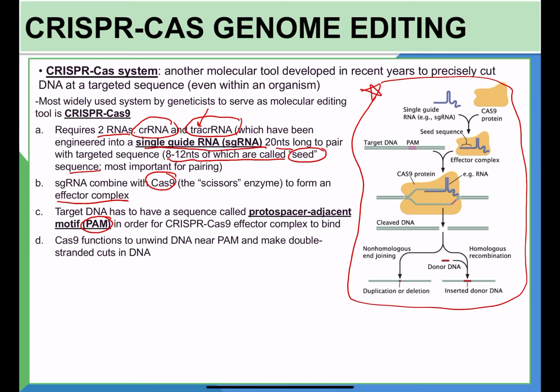You have your single guide RNA bind with your Cas9 protein to get your effector complex. The effector complex looks for the PAM sequence in your target DNA, and once it binds to that PAM sequence, the seed sequence of your single guide RNA will bind to the particular gene you're looking for and cut that specific portion of the DNA sequence.